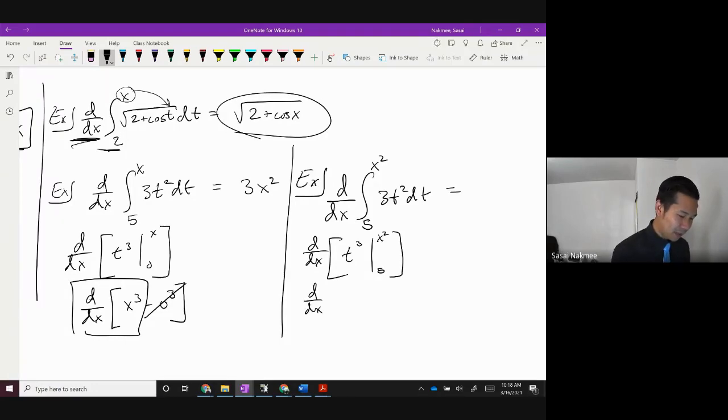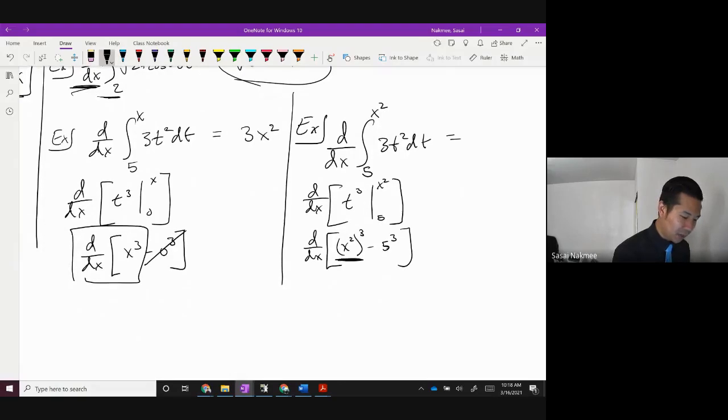d dx is going to equal x squared cubed minus 5 cubed. Now, when I take this derivative, you've got two ways of doing this, but I just want to show you this way first of all. This is a function inside of a function. And when you take the derivative of a function inside of a function, you need this thing called the chain rule. You remember that? The chain rule.